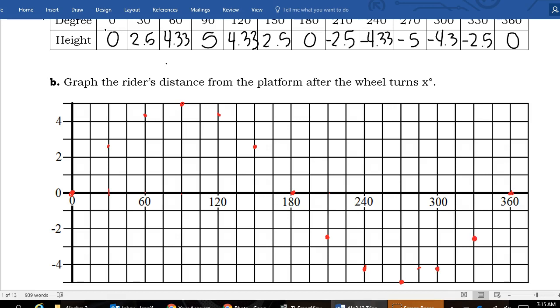So I used my calculator to generate some values, plotted those points, and now I'm going to do my best curve connecting each of those points. And that is the first cycle graph of y equals 5 sine x.